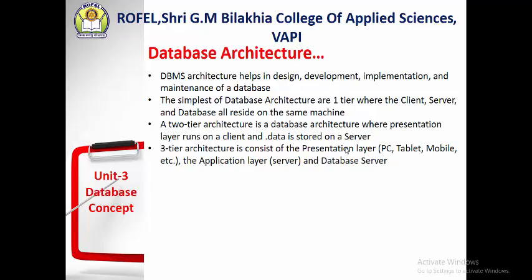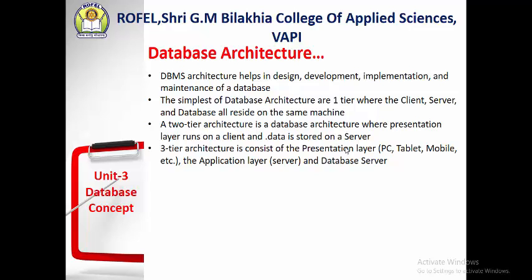In the first architecture you learned client, server and database, all in the same machine, so there is no need for client and server to communicate with each other. Now in the two-tier, the client and server communicate with each other directly, in that the presentation layer runs on the client side and the data is stored on the server side.